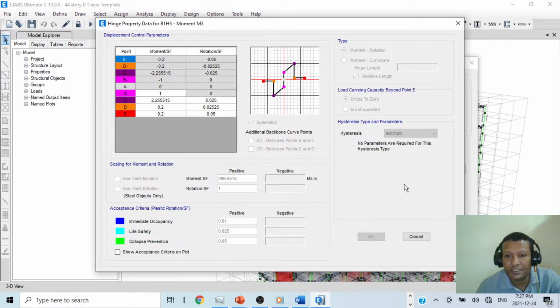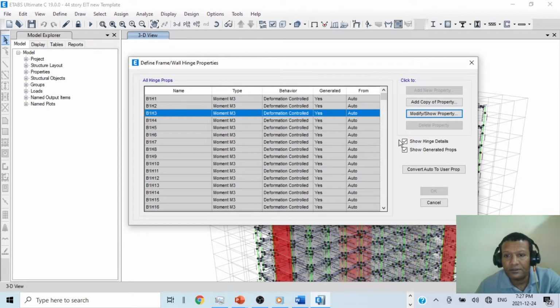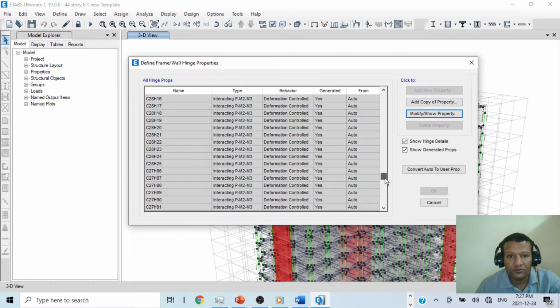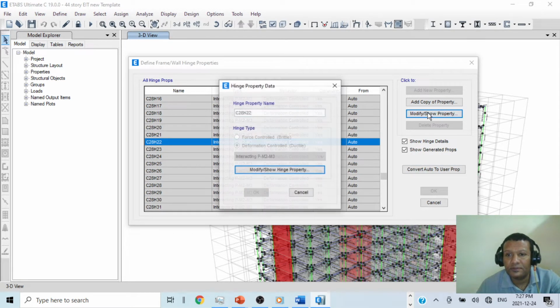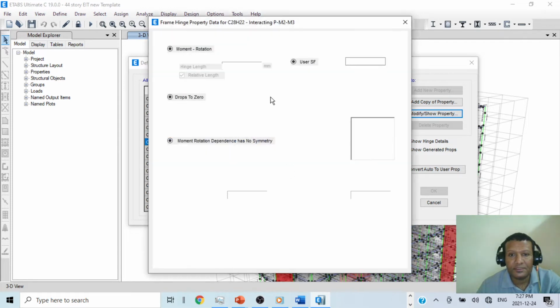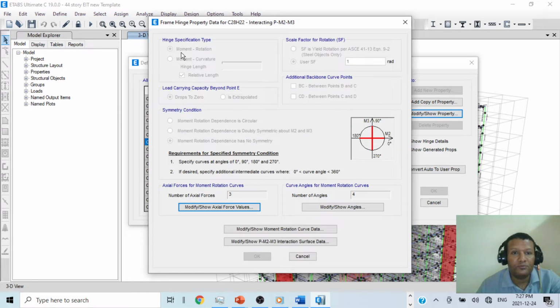If you want to change the hysteresis type, you can directly convert it to user defined. The same is true for our column also. Moment rotation, everything is given.